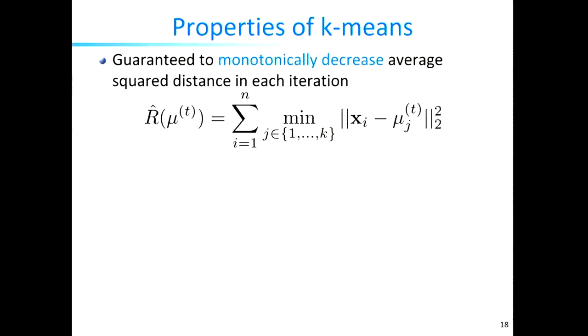If you compare mu hat t with mu hat t plus 1, then the latter quantity is always at most the previous quantity. In fact, whenever there's a change in assignment, it strictly decreases.